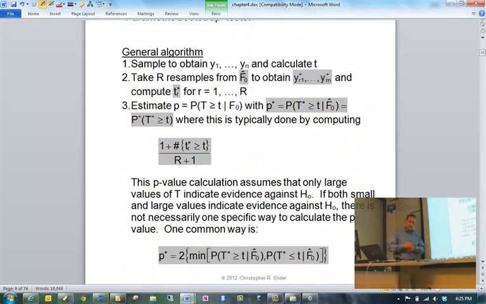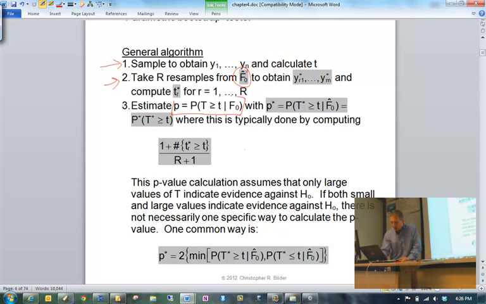So how do we do this? The idea is not too difficult based upon what we've done previously. Simply, of course, take your sample and calculate t, whatever your statistic of interest is, which will be a test statistic. Then take resamples from f hat 0, obtain your resampled data, as we have used previously in terms of our notation, and then calculate your p-value.